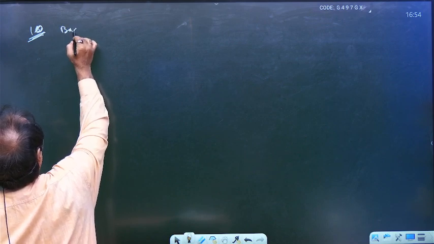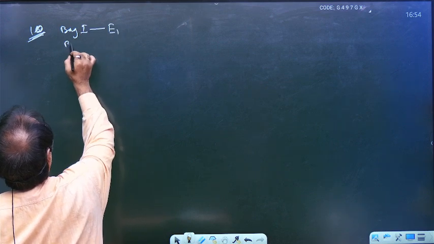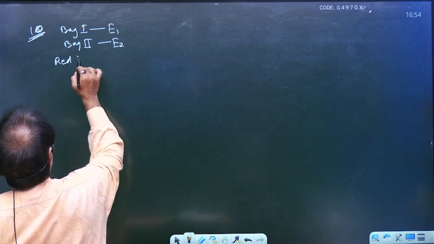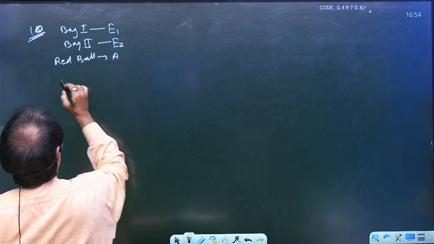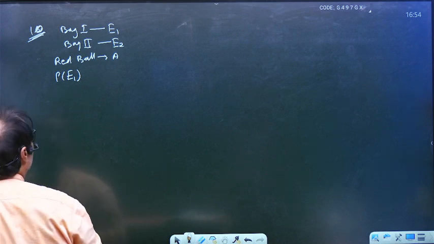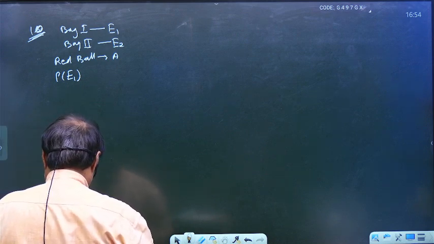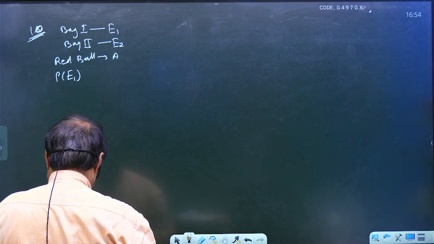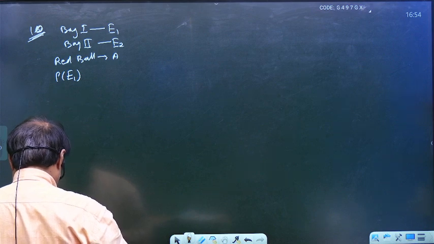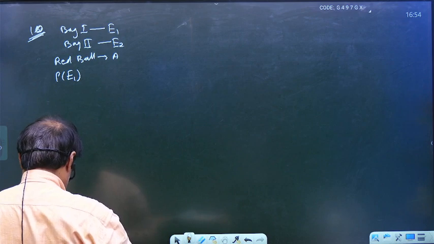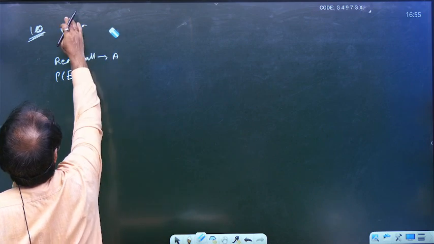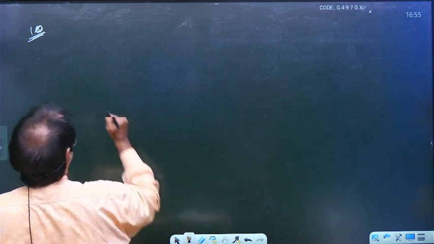Suppose bag 1 is E1 and bag 2 is E2, and a red ball is A. This may be written like this, because the question is a little bit different.